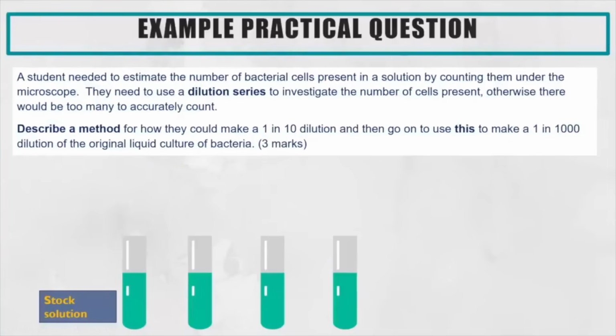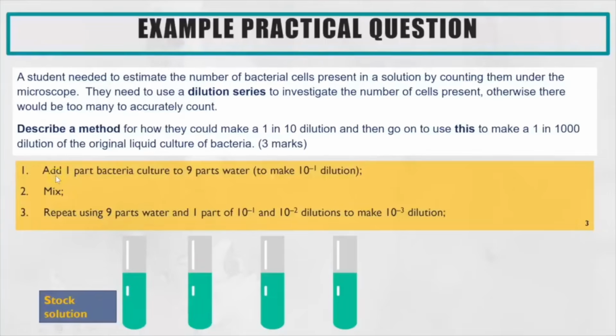So this is now going to show you how you would use the information from the slide before to fit this exam question. So the first mark would be add 1 part bacteria culture to 9 parts water. And that is what I was showing you on the previous slide.